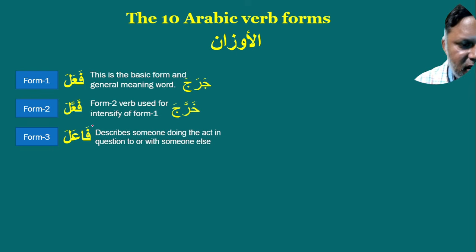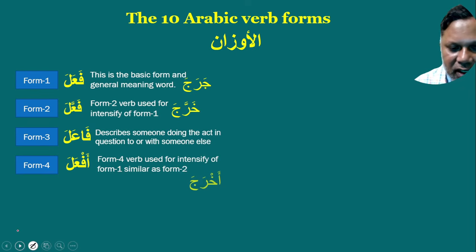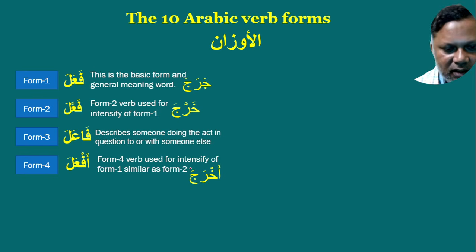After the first radical we just put an alif. Form 4 is af'ala. Af'ala also comes from the first form, just putting an alif before the form 1 verb and sukun on the first letter, akhraja. Akhraja is the form 4 verb.